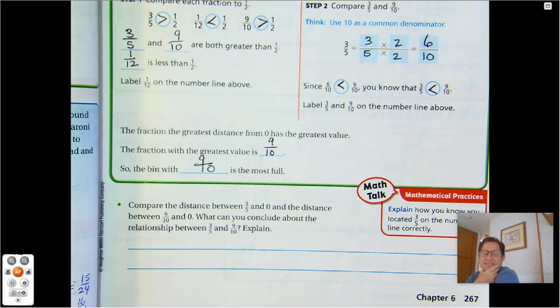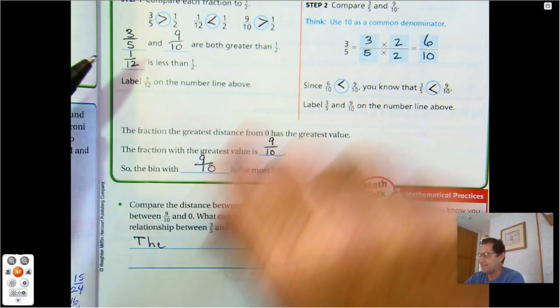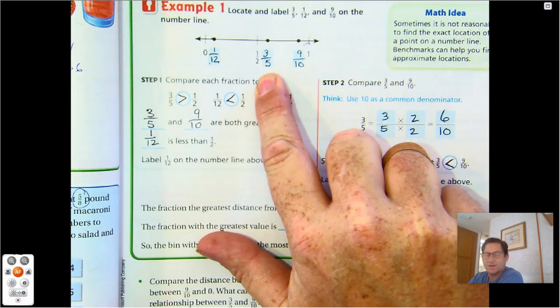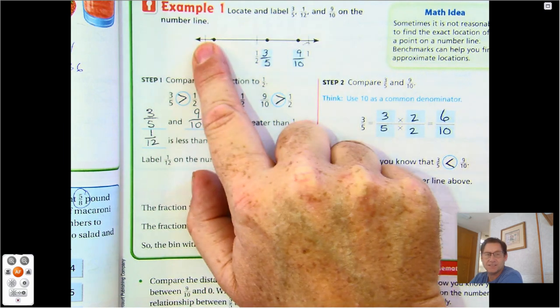Compare the distance between 3/5 and 0 and the distance between 9/10 and 0. What can you conclude about the relationship between 3/5 and 9/10? Well, I see that 3/5 is closer to 0 than 9/10 is to 0.